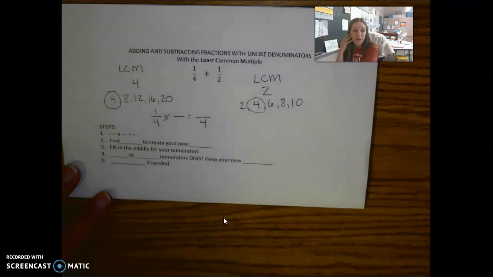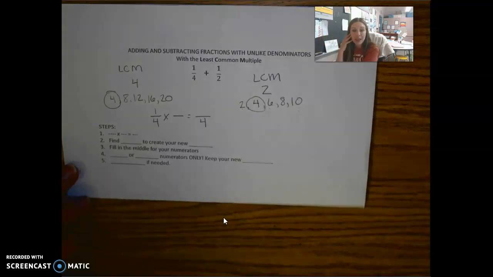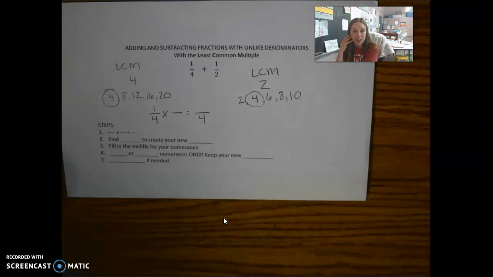This may look very familiar because all you're doing is creating equivalent fractions. Last year, you created equivalent fractions. Now we're creating equivalent fractions, and then we're just going to add them. So these are all things you already know how to do. We're just combining a couple of skills that you learned last year in 4th grade.